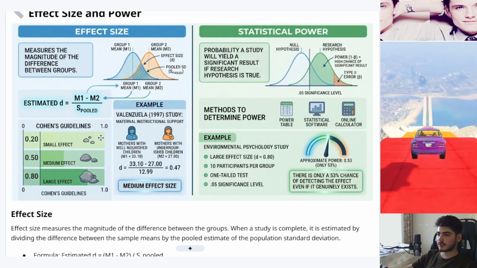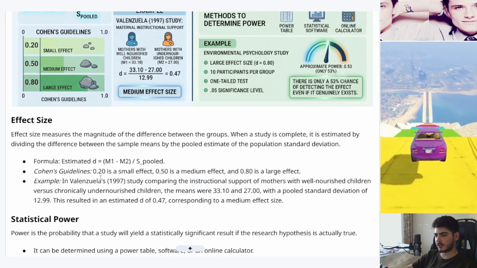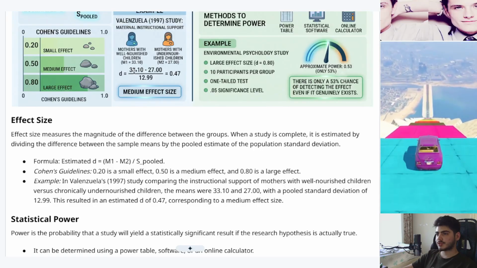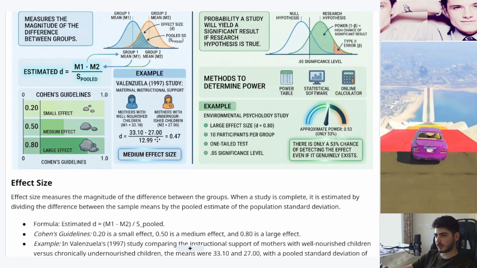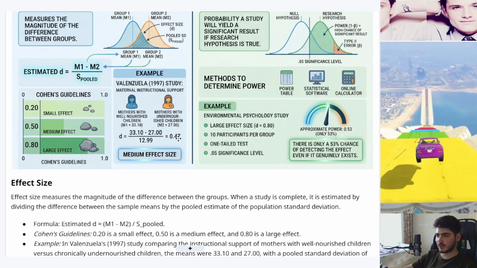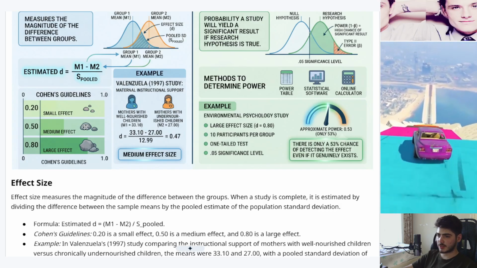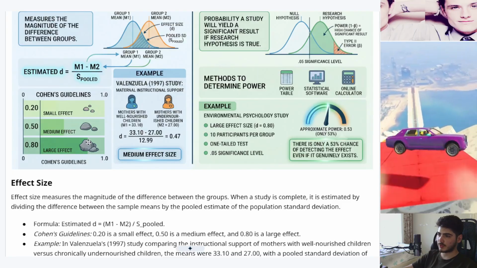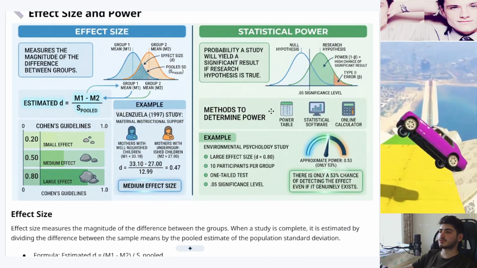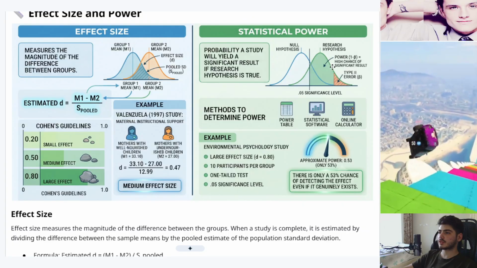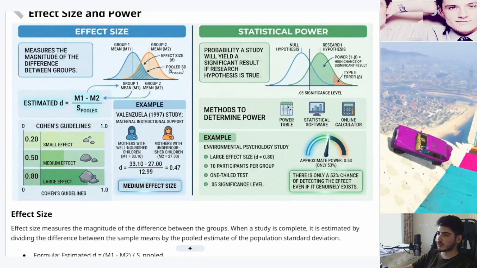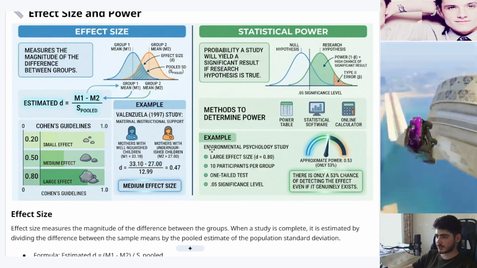And of course, let's see anything else, study comparing. So here's an example, 12.99, and it yields a medium effect size because it's close to 0.50. Of course, to improve your statistical power, you can aim for a larger effect size.